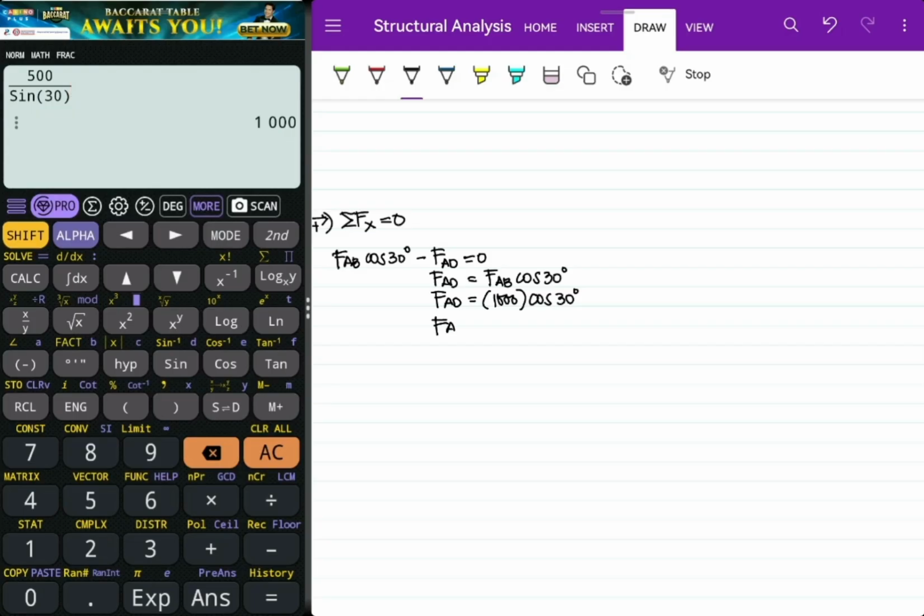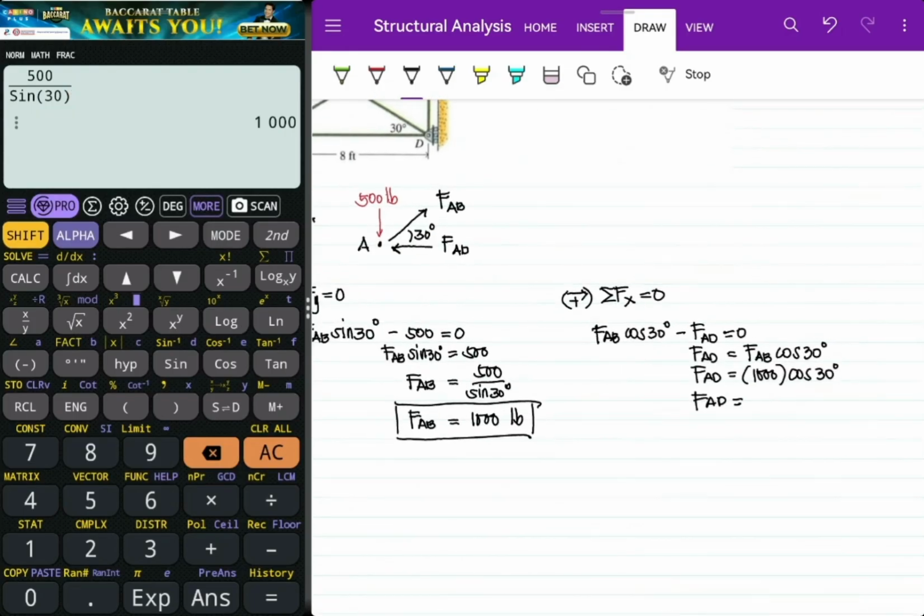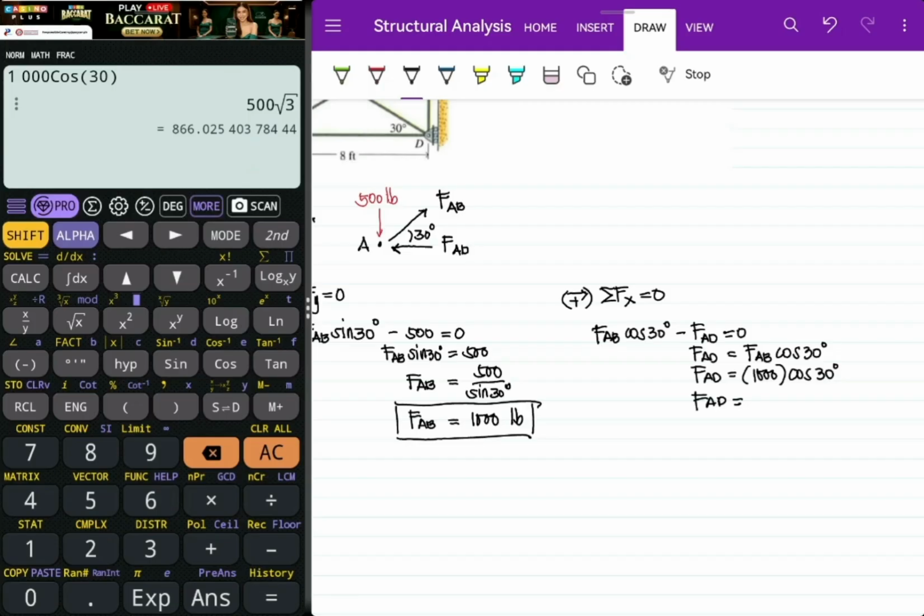Therefore, FAD is equal to 1000 cosine of 30 degrees.